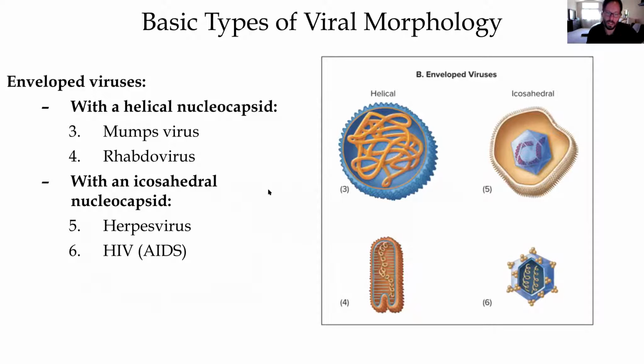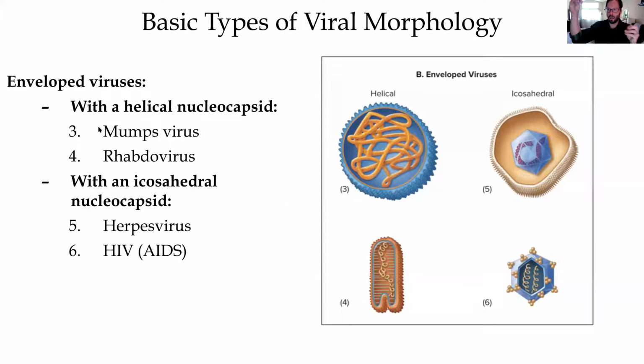Enveloped viruses, that's another type. So we have the complex viruses, we have the enveloped viruses. And again, the capsid can be helical or icosahedral. If it's helical and it has an envelope, then it's going to kind of mix around inside that envelope to be packaged, right? If it doesn't have an envelope, oftentimes it's more elongated.